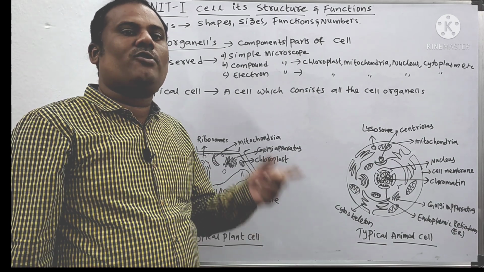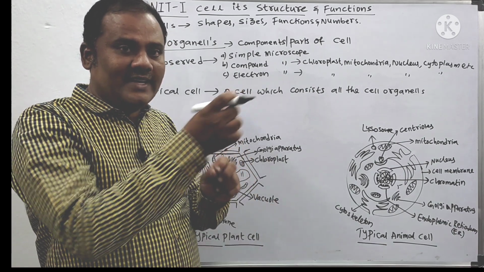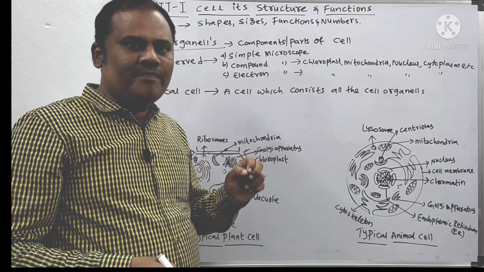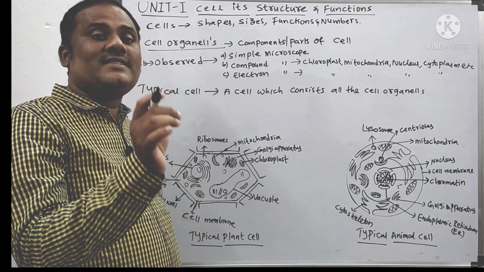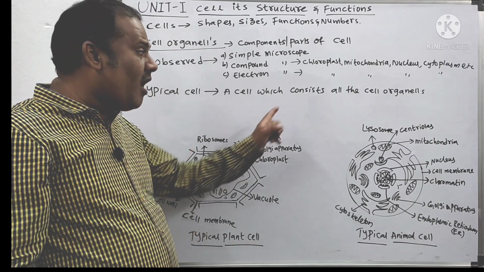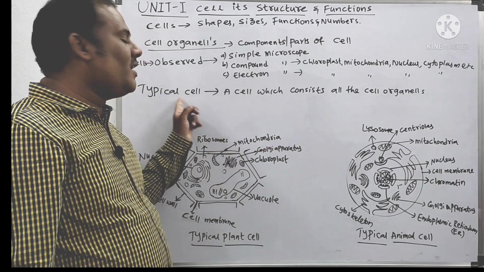Some are absent, like chloroplast. But if you collect a cell from a leaf or a stem, then we can see a special cell organelle like chloroplast.